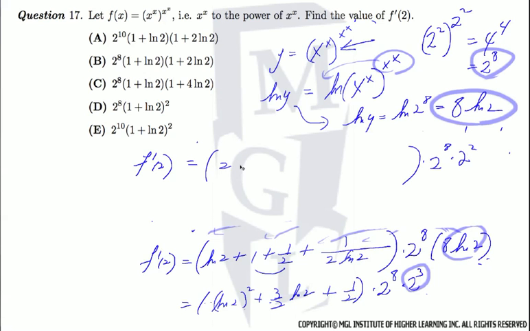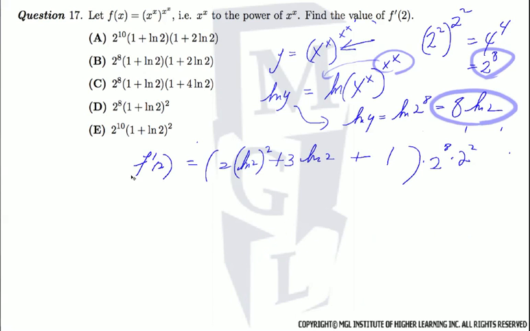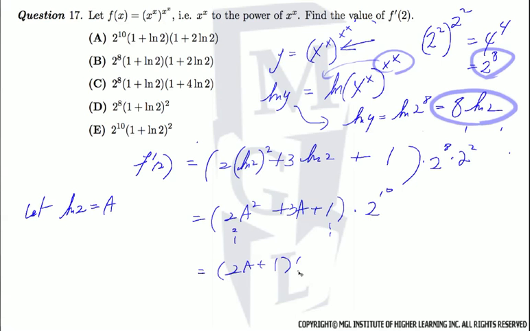So you get 2 ln of 2 squared plus 3 ln of 2 plus 1. Let me let ln of 2 equal a. We get 2a squared plus 3a plus 1. The outside is 2 to the power of 10. This is factorable. By trial and error factoring, you get 2a plus 1 times a plus 1.